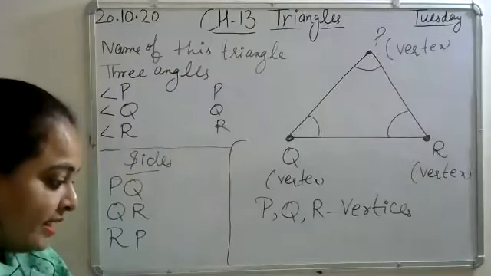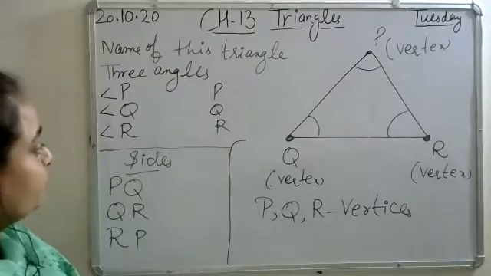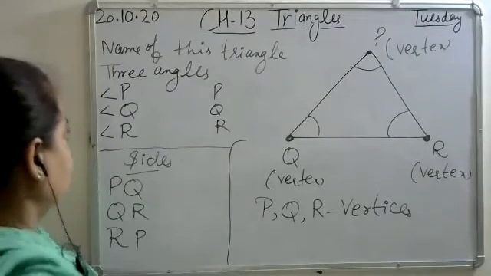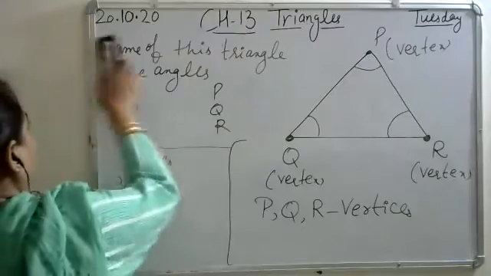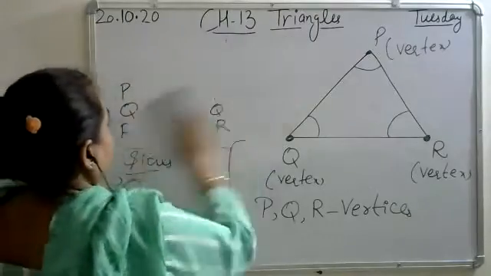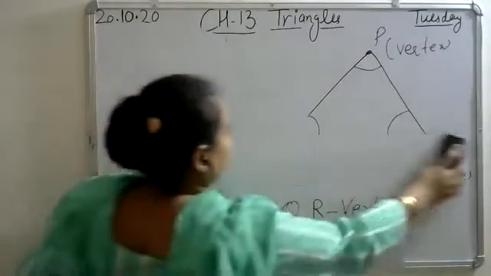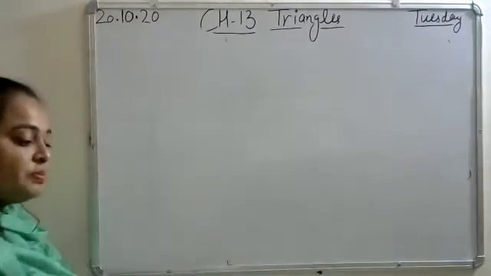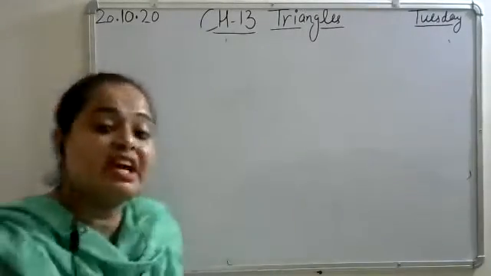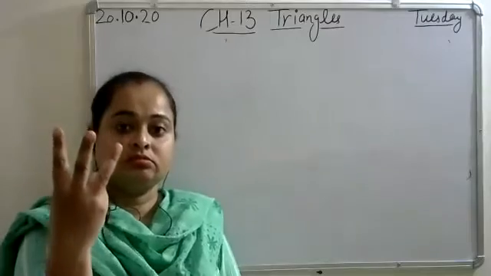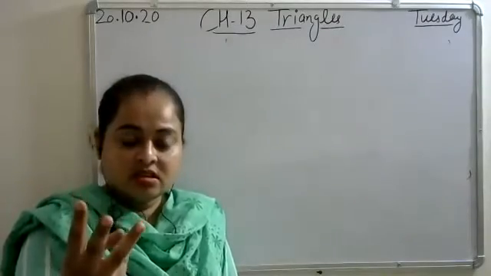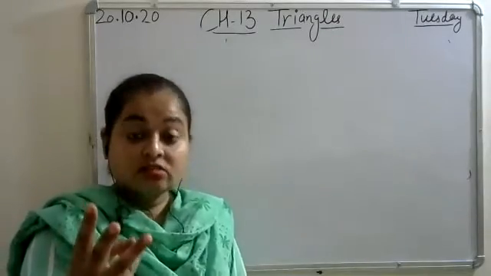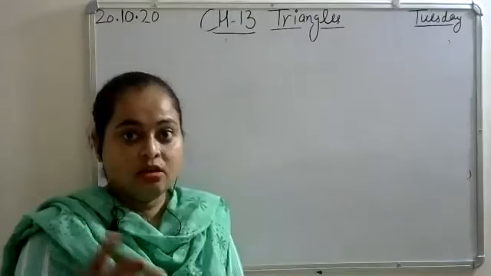Now come to the next. So in the triangle, we observe we have each and everything three. Three sides, three angles, three vertices. Okay.